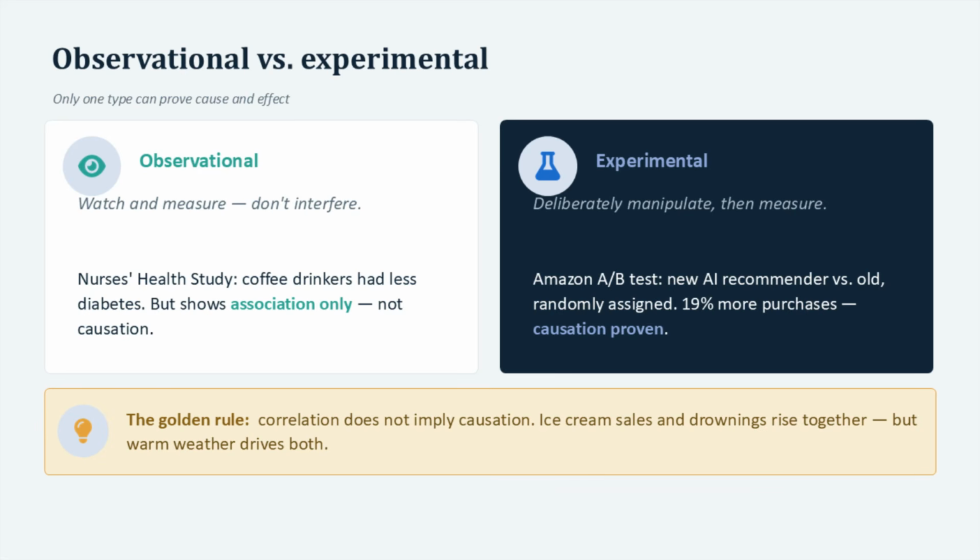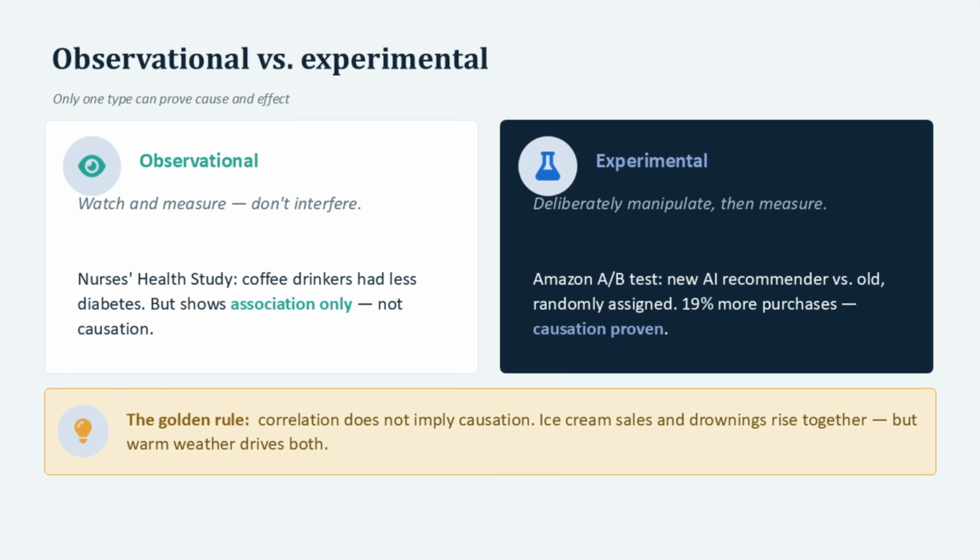Now look at the right side. In an experimental study, researchers deliberately introduce a treatment and then measure what happens. Imagine Amazon wants to know whether a new recommendation system leads to more purchases. One group of shoppers is randomly shown the new AI recommendation system.